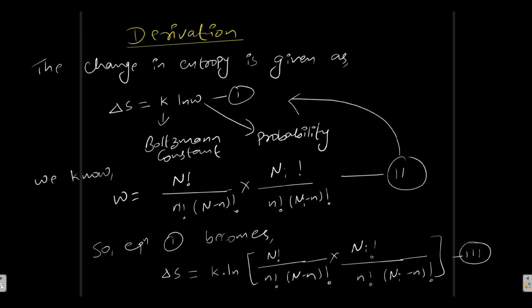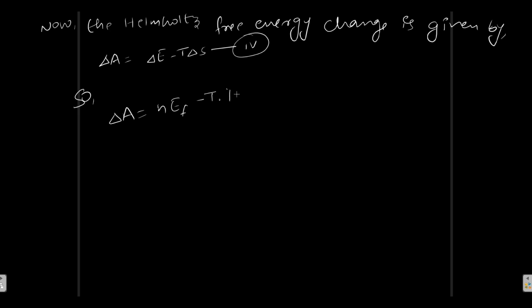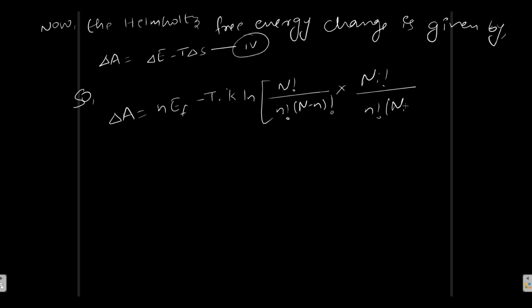This much: k ln and all of these, n factorial by n factorial into N minus n factorial, into N_i factorial by n factorial into N_i minus n factorial, right? So we get this value. Let us consider this to be equation number 5.